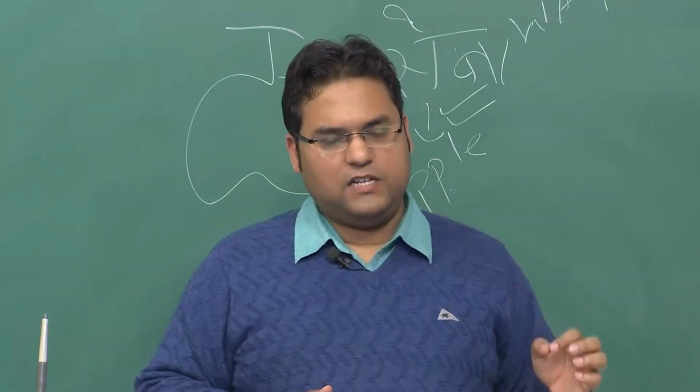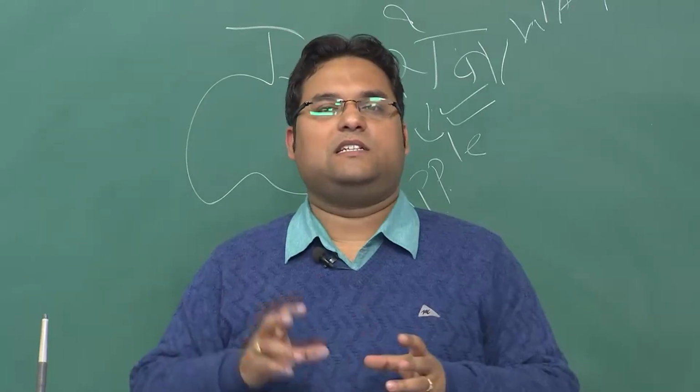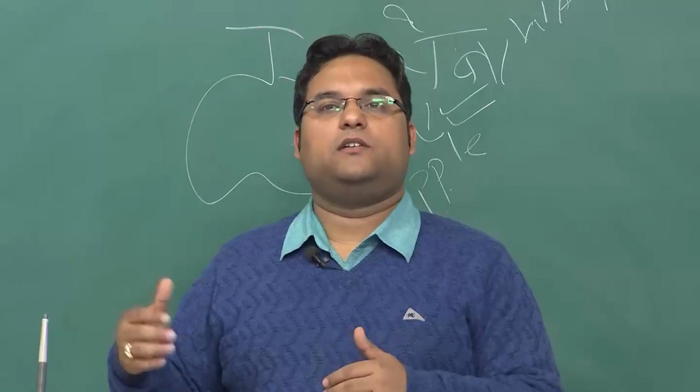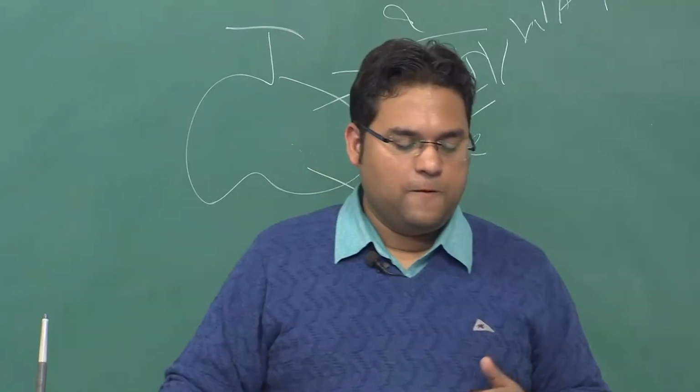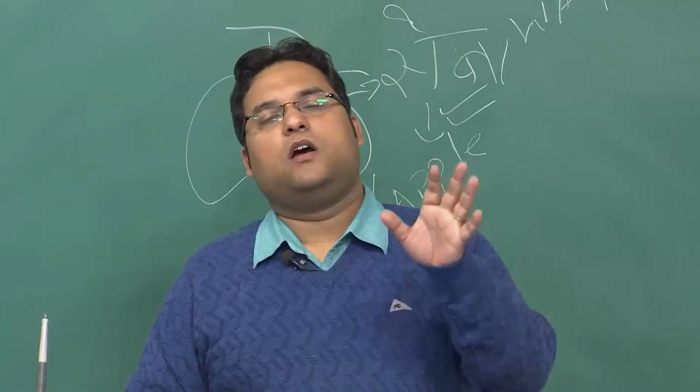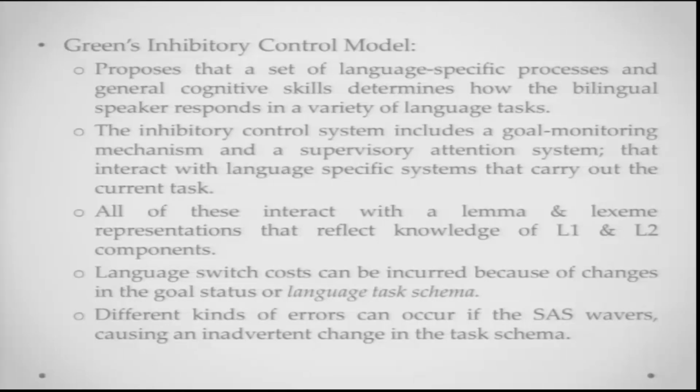Now, different kinds of errors can occur if the SAS is not functioning properly and it is causing an inadvertent change in task schema. Suppose, for example, I am emotionally highly aroused and the supervisory attentional system somehow automatically shifts my attention to the second language and I start speaking the second language.